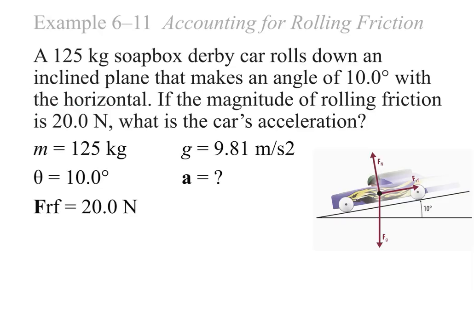So we have an example here. A 125 kilogram soapbox derby car rolls down an inclined plane that makes an angle of 10 degrees. If the magnitude of the rolling friction is 20 newtons, what is the car's acceleration? So we're going to look at all the things that are happening to this car. The first thing we're going to look at is that we have this plane.